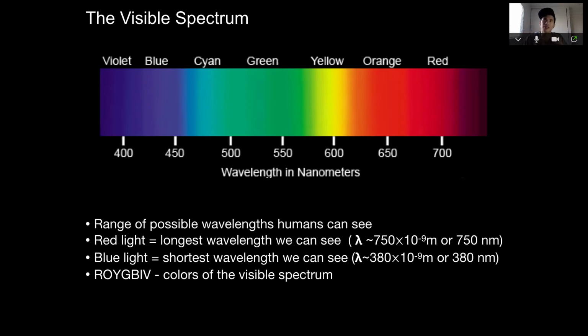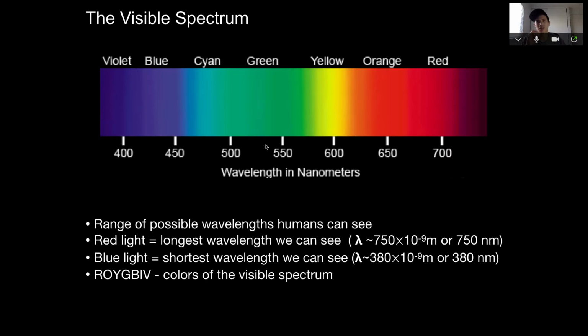That range of wavelengths is called the visible light spectrum. And remember, different wavelengths correspond to different colors of light. You can see here the full range that we're able to see: about 400 to about 750 nanometers.